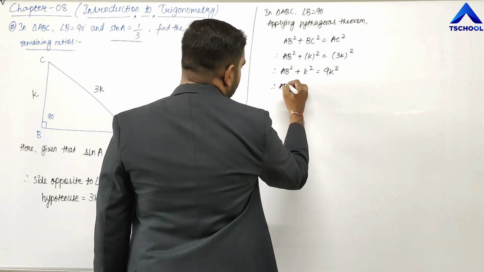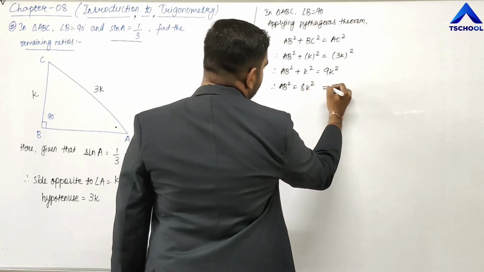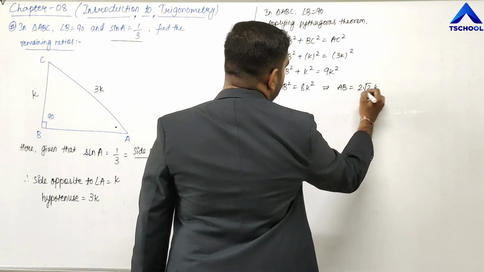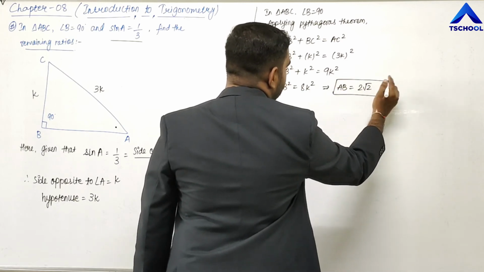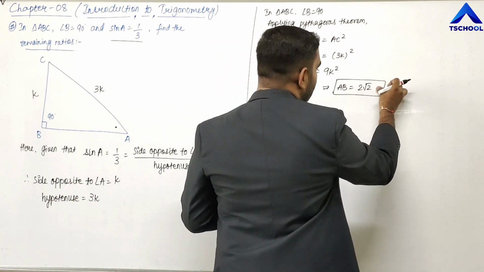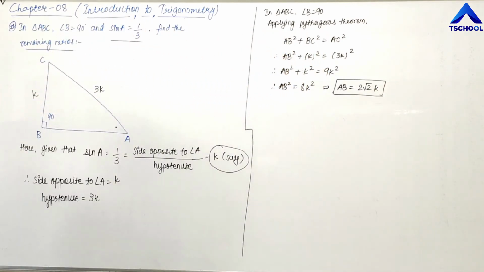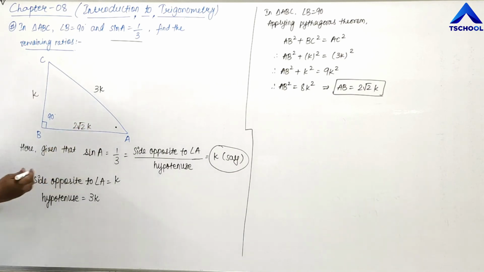Therefore, AB square is equal to 8K square and hence AB equals 2 root 2 into K. Right? Because square root of 8 is 2 root 2. So we got the value of AB, that is now 2 root 2K.